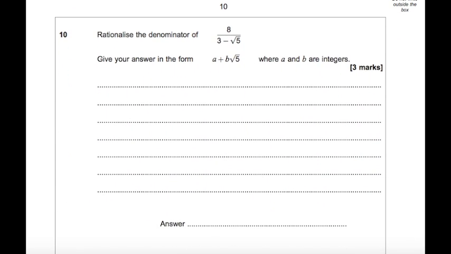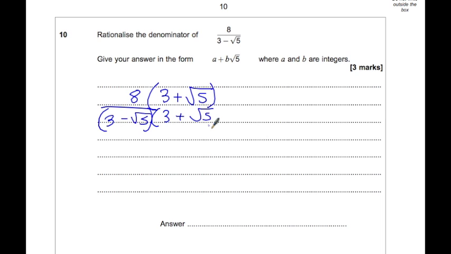Right, question 10, rationalise the denominator. So hopefully you know this means you've got to times the top and the bottom by the conjugate of 3 minus root 5. So that means you're timesing it by 3 plus root 5. So we'll have 24 plus 8 root 5 over, now you could expand all this out, but it's a bit easier to think of it as difference of 2 squares.